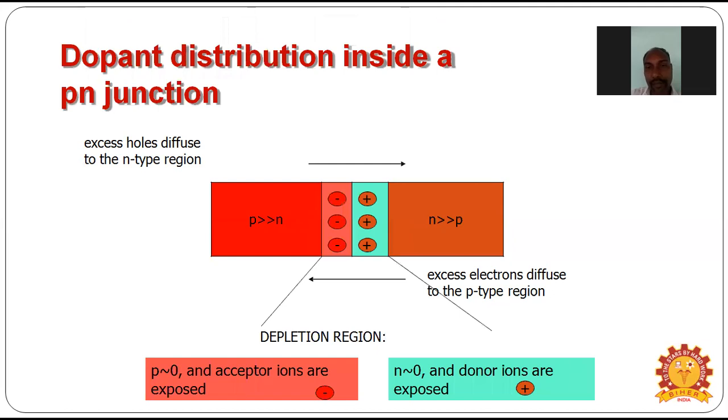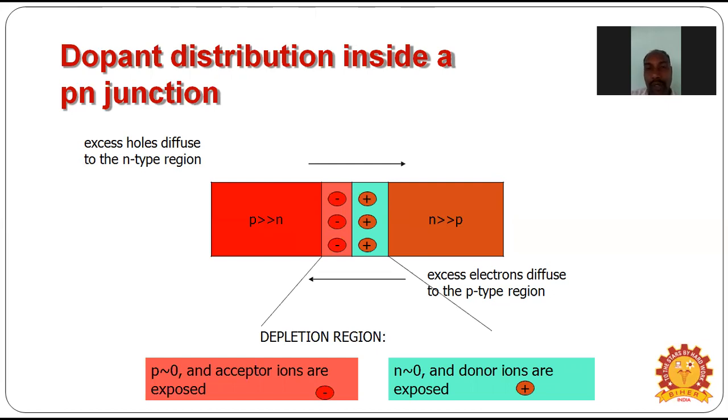Next, in this dopant distribution inside a PN junction, in the P region and N region, the excess of holes is diffused to the N-type region, and the excess of electrons is diffused to the P-type region.